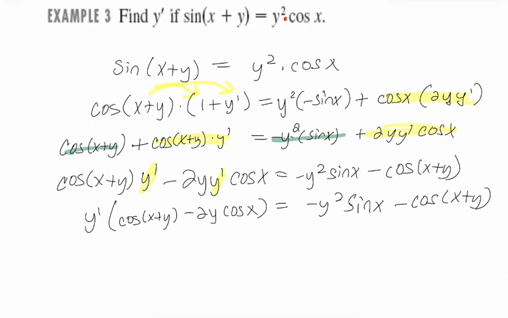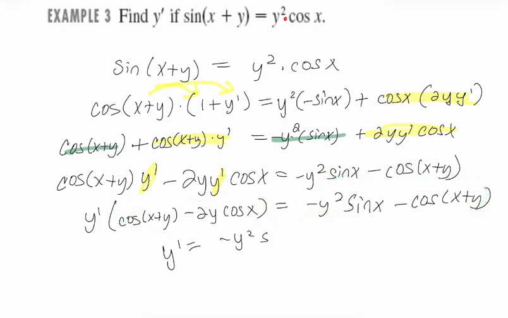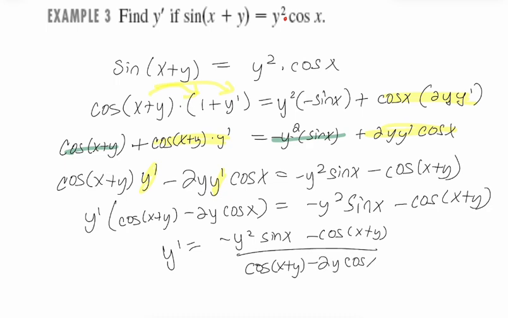So you just divide that parenthesis to the other side. We're done, okay? So y prime is, this will be our numerator. This will go under it. So our final answer is negative y squared sine of x minus cosine of x plus y divided by cosine of x plus y minus 2y cosine of x.